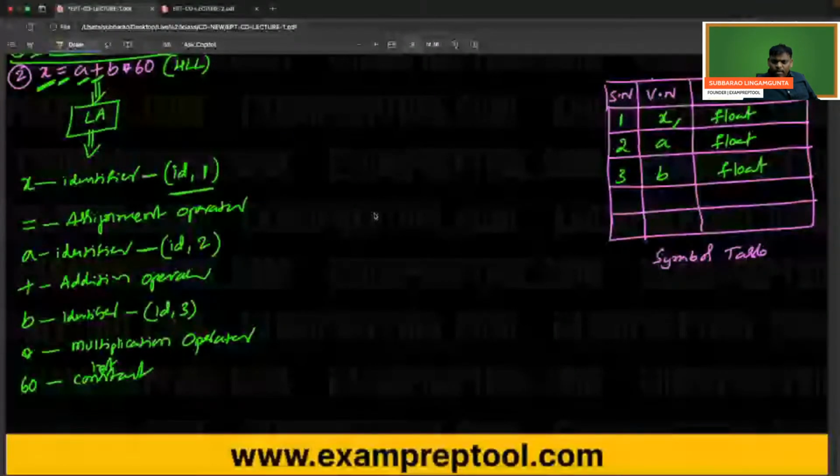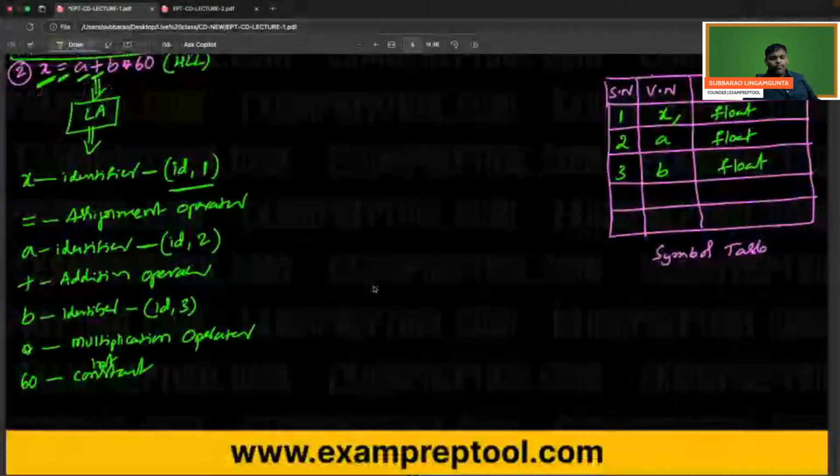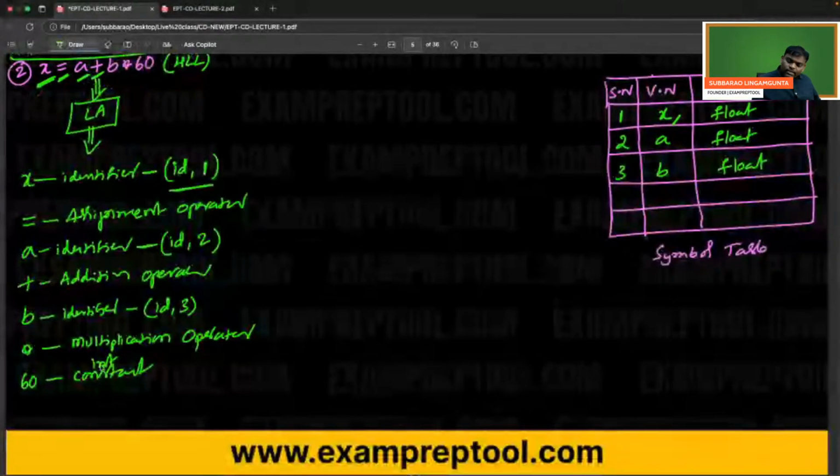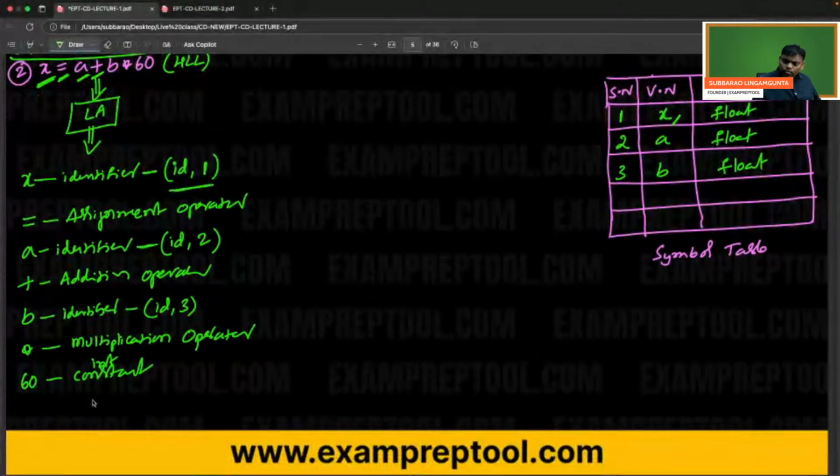My final question to everyone: what will the lexical analyzer do? I'm expecting an answer. It divides the given program into tokens.